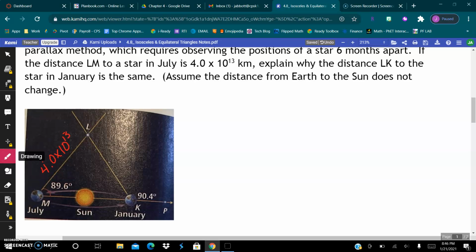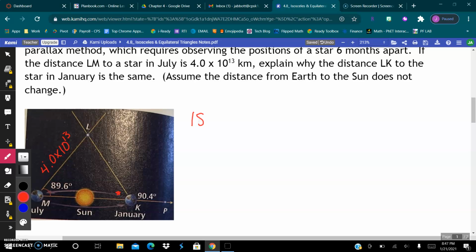And we're given that angle M here is 89.6. So we want to try to figure out this other angle right here. We do know that that outside angle is 90.4, and it, along with that angle I just starred, forms a straight line, so that would make 180 degrees.